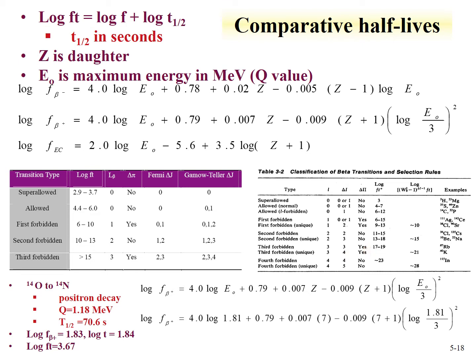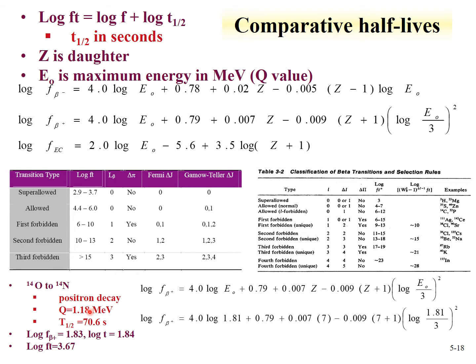Now we can use these equations to calculate some log Ft values. Let's go for the positron decay of oxygen 14 to nitrogen 14. The Q value for this reaction is 1.8 MeV, and the half-life is 70.6 seconds. If I take my positron equation and plug in my values for the decay of oxygen 14, the Z is now the Z of nitrogen, the daughter.